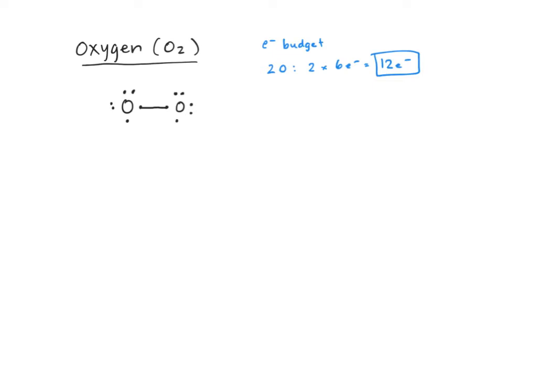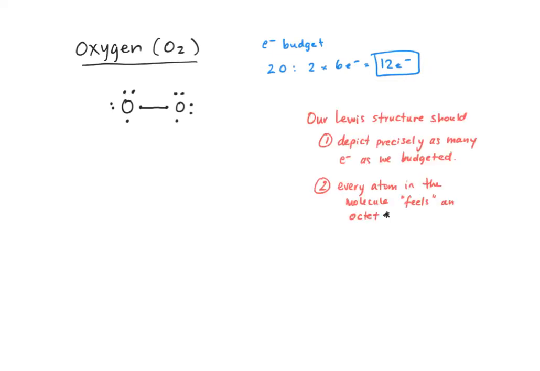And now I'm going to evaluate this Lewis structure to see if it satisfies our general guidelines for drawing. So for one thing, this Lewis structure does depict 12 electrons. The bond represents 2. There's 3, 4, 5, 6, 7, 8, 9, 10, 11, and 12. So our first stipulation can be checked off.